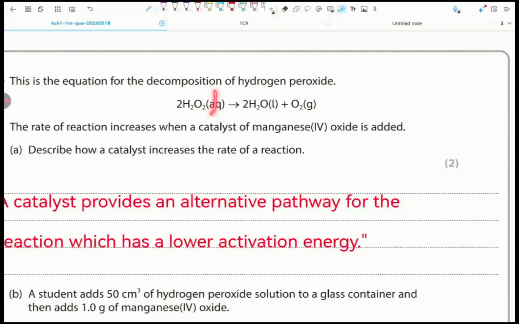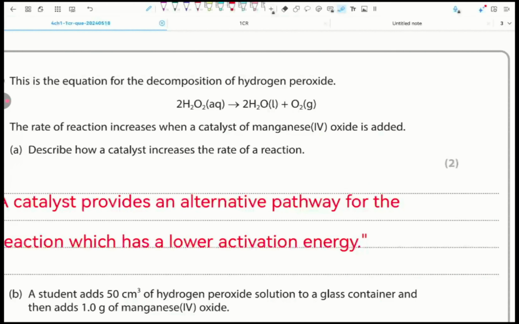I know because on the reactant side, I have only one chemical material, which is the H2O2, and on the other side I have more than one chemical material. So I can say that this chemical material was disassembled into more than one chemical material, and the reaction is decomposition. The question is, the rate of reaction increases when a catalyst of manganese 4 oxide is added.